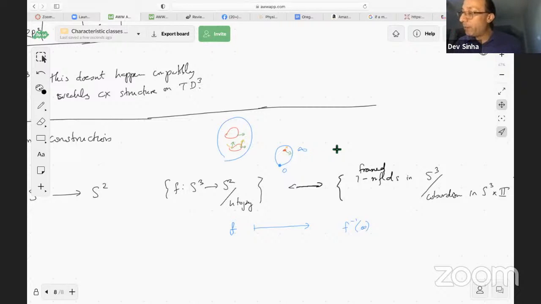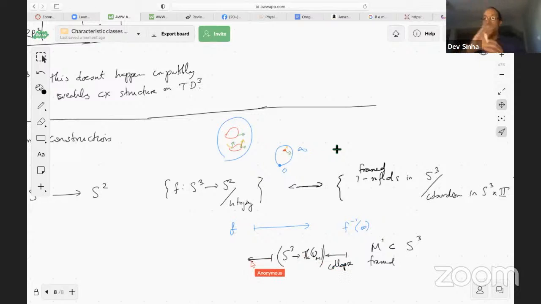And how does this go the other way? If I have a framed one manifold, call it M inside S3, if it's framed, what I'm going to do is collapse, and that's going to give me a map from S3 to the Thom space of the normal bundle of M. But the normal bundle is trivial, and so then I can take each of those fibers.